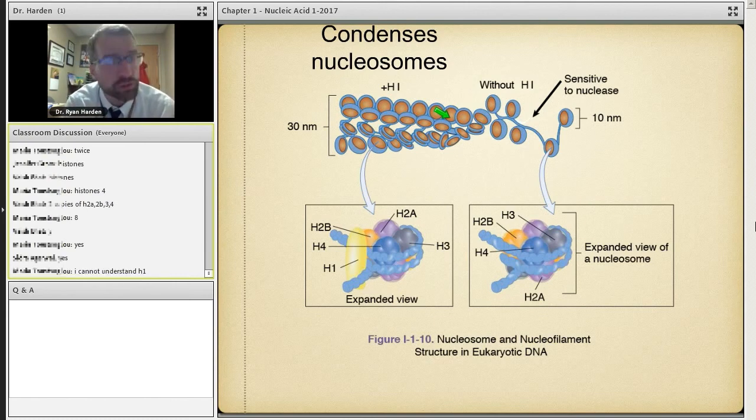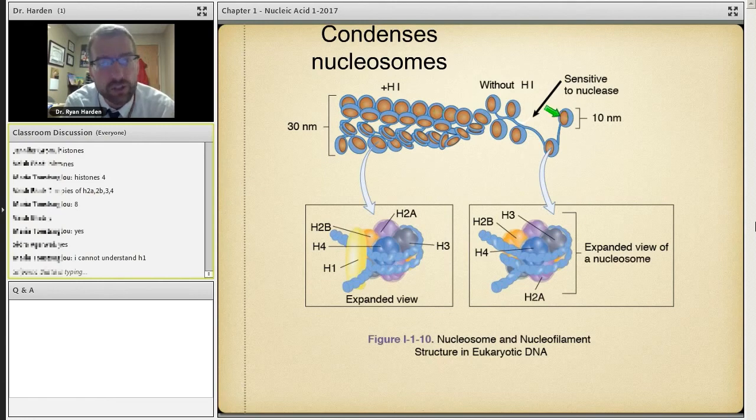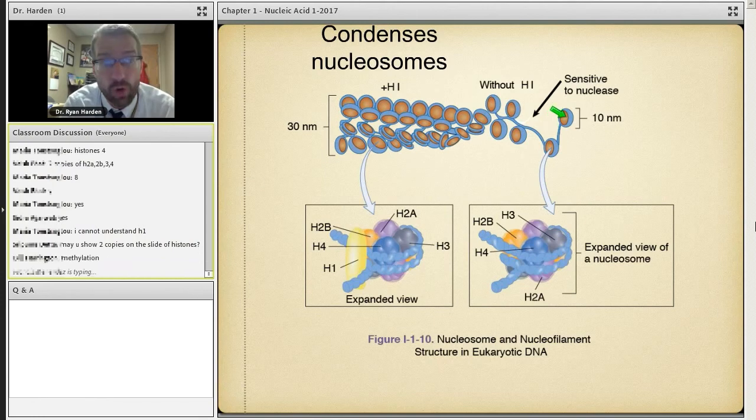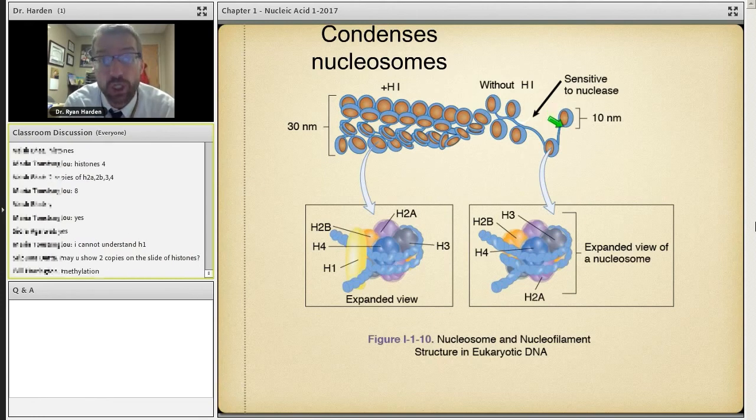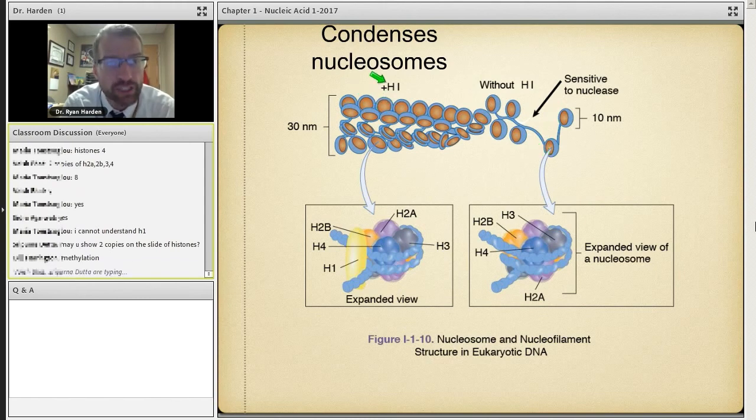Now, your next question might be, why is this nucleosome so far away from this nucleosome? And this one is so far away from this nucleosome. Okay? In order to get this nucleosome to associate closely with this nucleosome, like these up here are, you need histone H1.